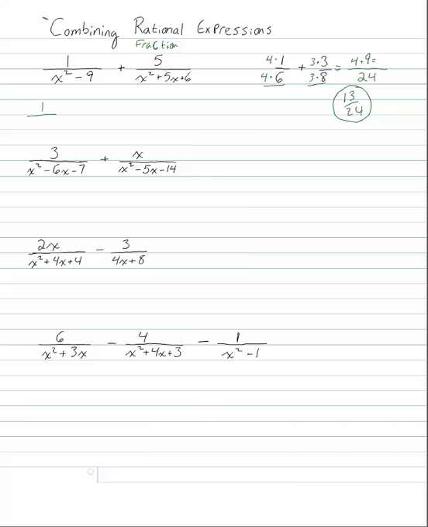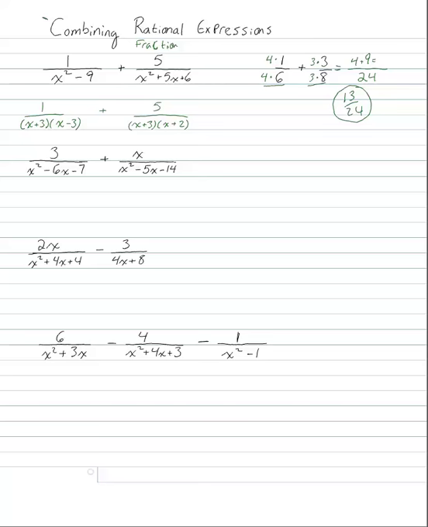I'm going to factor that to 1 over x plus 3, x minus 3. Then I have 5 over x squared plus 5x plus 6. I'm going to factor that to x plus 3, x plus 2.